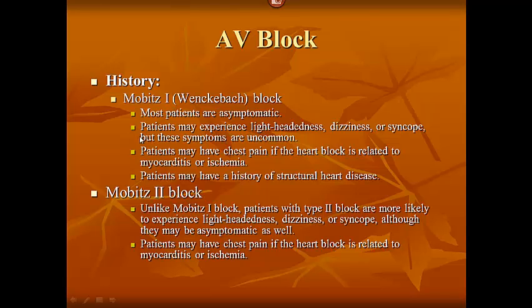Okay, so in Mobitz 1, or AV block type 1, most patients are asymptomatic. If you develop symptoms, they will be the same symptoms as sinus bradycardia due to hypoperfusion: lightheadedness, dizziness, syncope. In Mobitz 2 it is exactly the same thing. Now, this one has the higher risk of myocardial infarction due to increased ischemia.